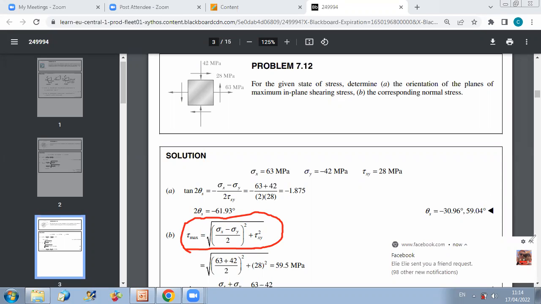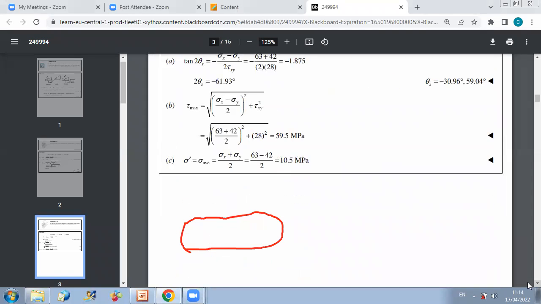And now to find the corresponding normal stress, I can calculate the value of normal stress for maximum shear.